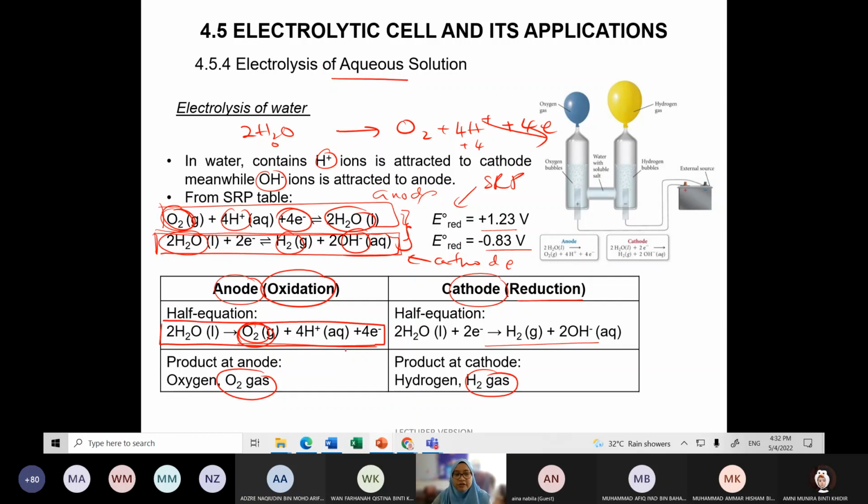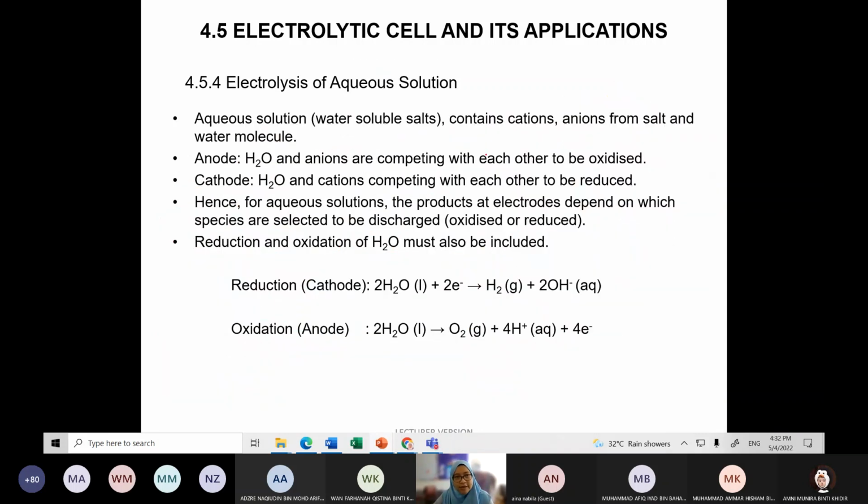Okay, kena ingat kalau dia oxidation, water will produce oxygen. Kalau reduction, water will produce hydrogen. Okay, cuma oxidation punya part you kena be careful. Kalau dia suruh buat equation, make sure that you transform the reduction form here into oxidation. Right. Okay, so that is for water.